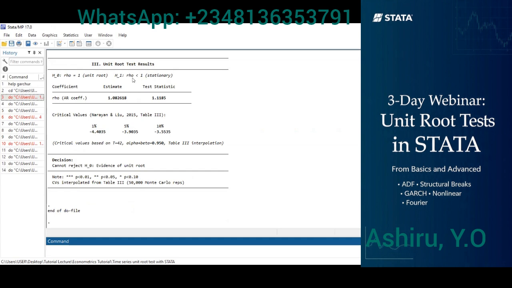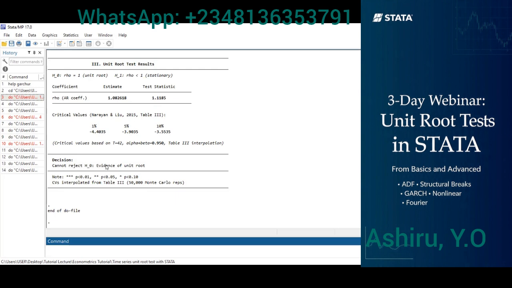The null hypothesis is that there is a unit root. The alternative says no unit root. Now I have the rho estimate and the t statistic here. Look here, it's 1.1185.